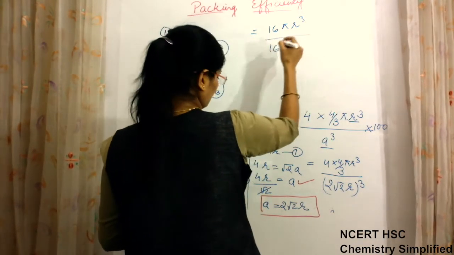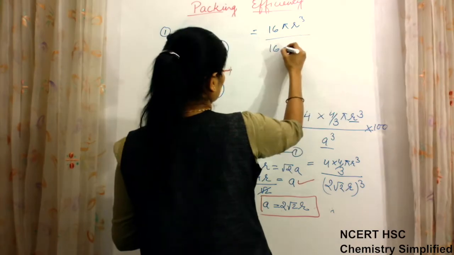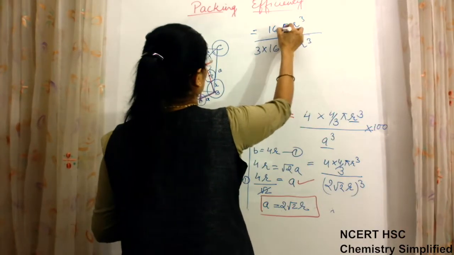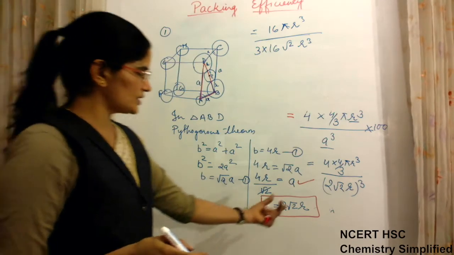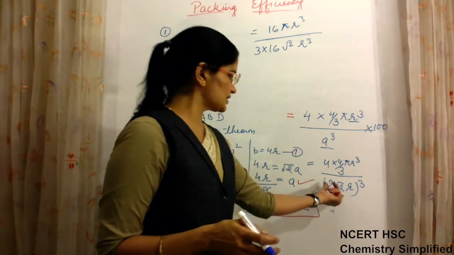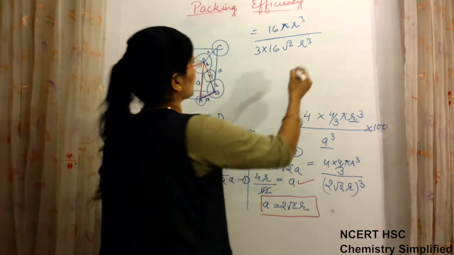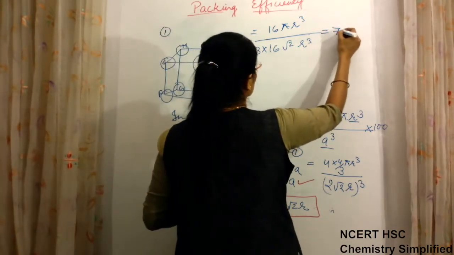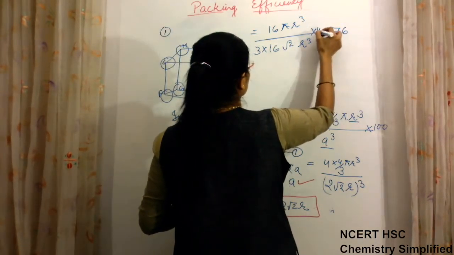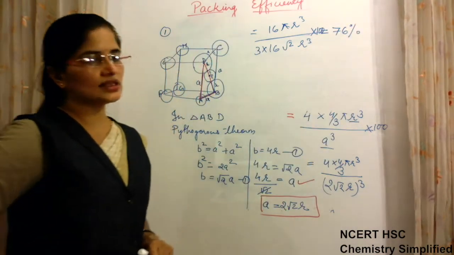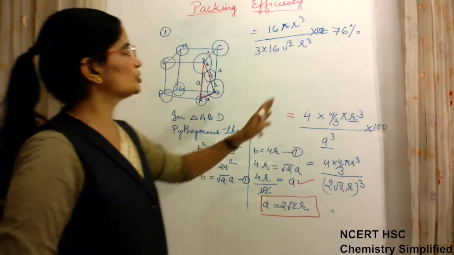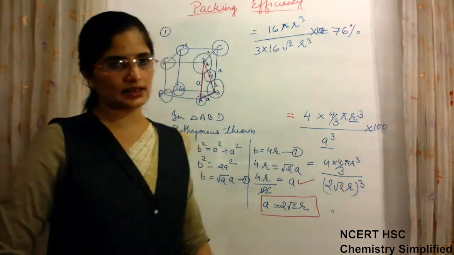So we do not have to solve it completely. We have just taken the cube of this, and then we have just multiplied. This value comes after multiplying by 100 also. Packing efficiency, this value comes on calculation to 76%.